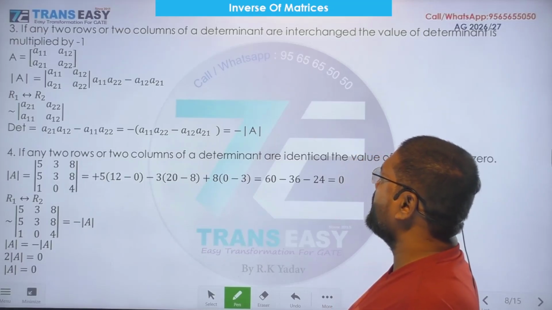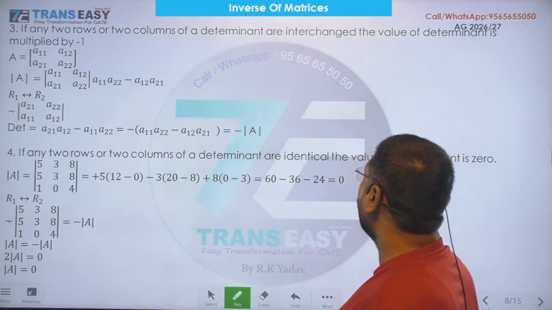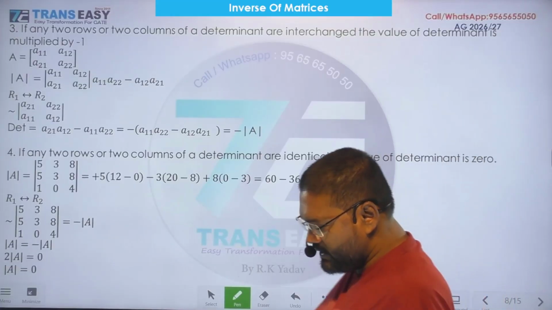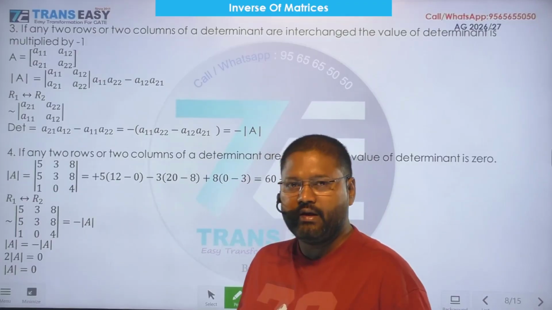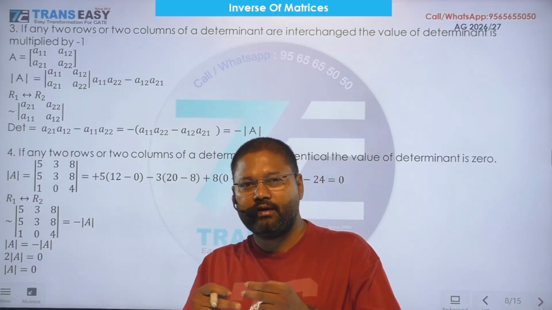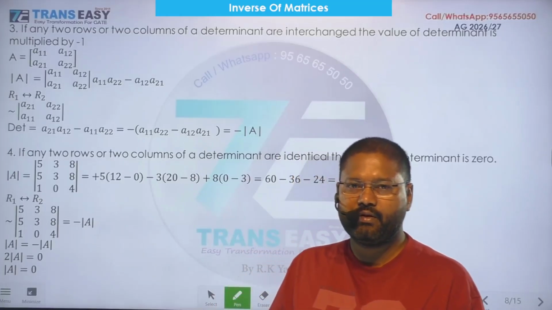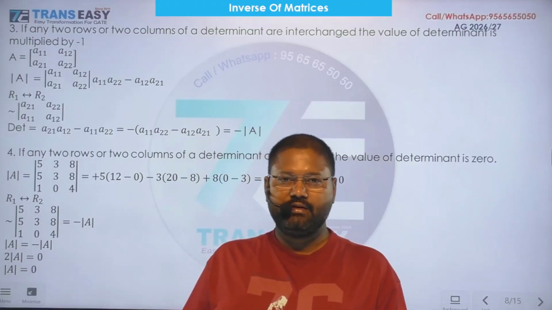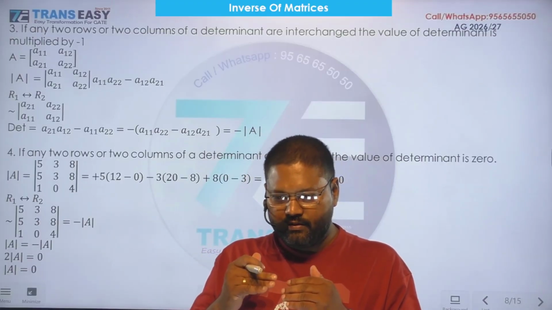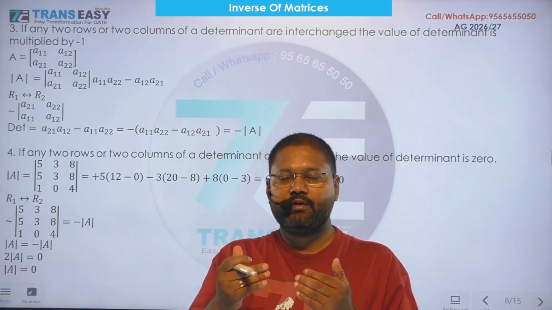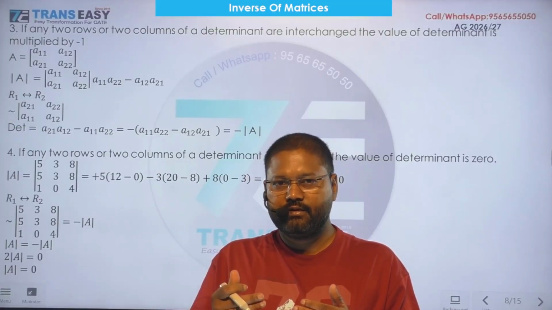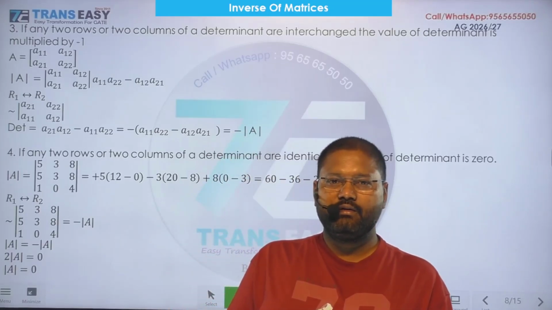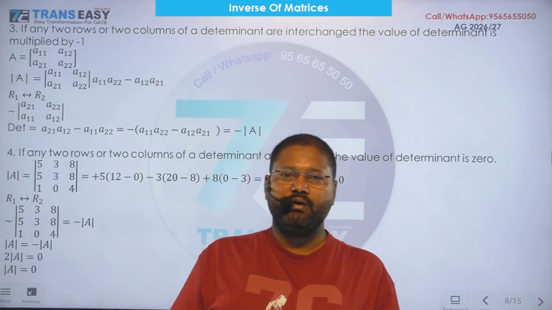If any two rows or two columns of a determinant are interchanged, the value of determinant is multiplied by -1. If any two rows or columns of determinant are interchanged, the determinant value of resulting determinant is negative of original determinant.